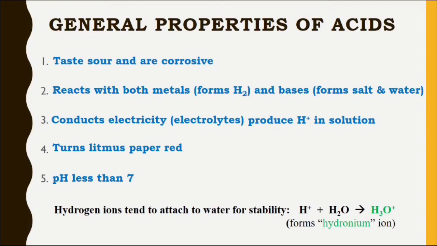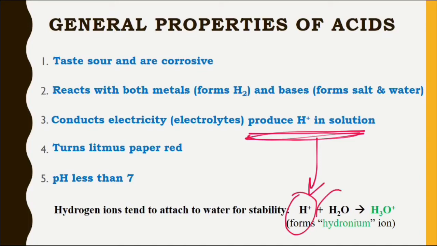Now, a quick little note that's right underneath this section with these 5 fundamental facts. We mentioned in fact 3 that acids produce H pluses in solution. But those H pluses are so unstable, if they're in solution, meaning surrounded by water molecules, they're actually going to grab on and combine into what we call the hydronium ion. It's just more stable for that little H, which is technically just a proton, a single proton floating around in all these water molecules.